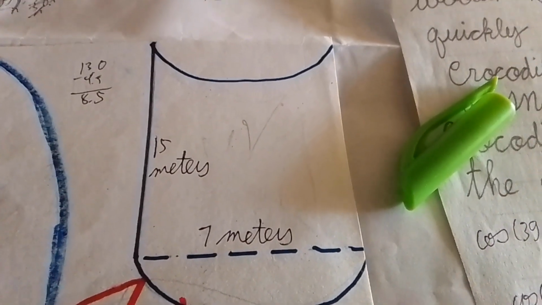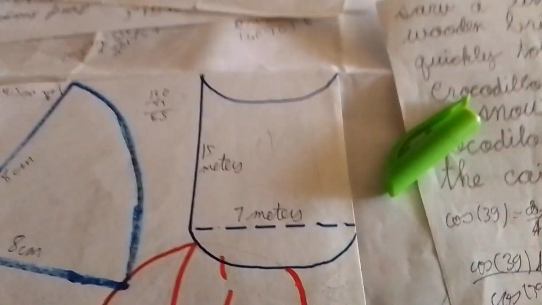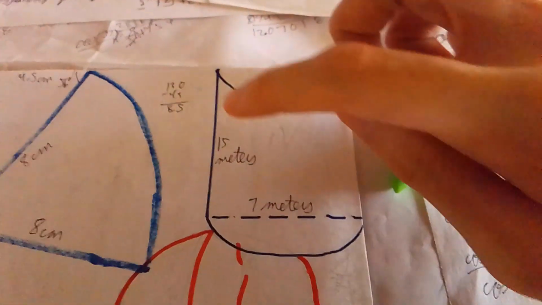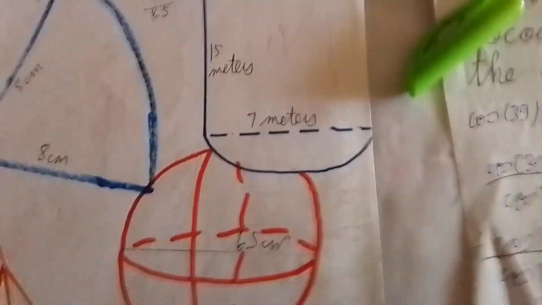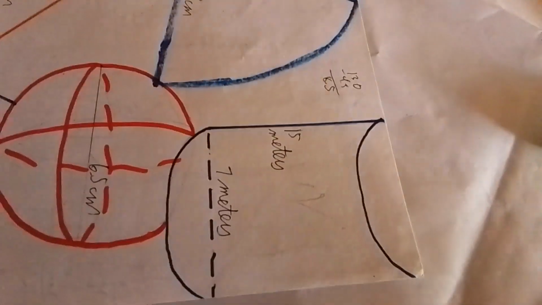Remember, I said the base rectangle is supposed to be this one. If you look at it from this perspective, this is the last one we need to find. So 15 times 7 gives you 105. Now let's add this all together.